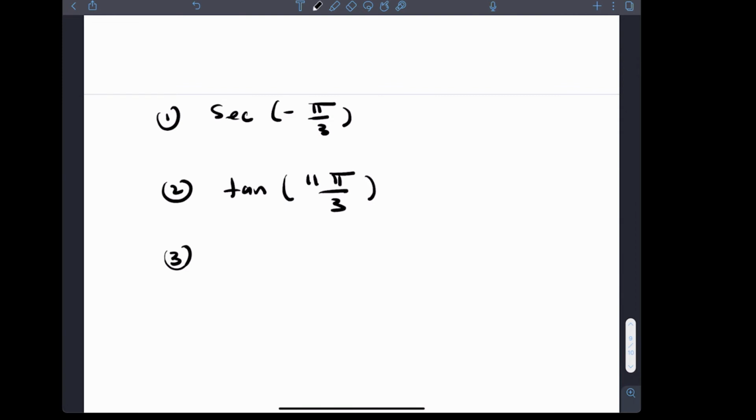Number 3, cotangent of negative pi over 2. And number 4, let's say sine of 7 pi over 6.